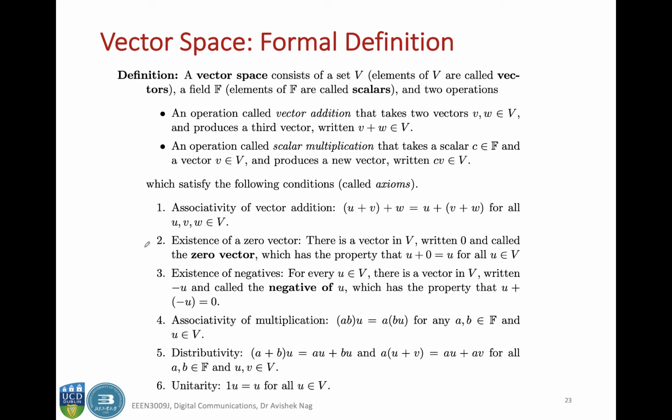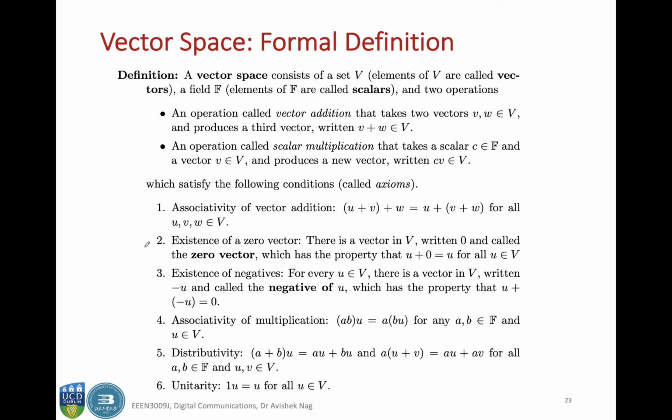First, vector addition, which takes two vectors V and W in capital V and produces a third vector written as V plus W, which is also a member of the set capital V. And scalar multiplication, which takes a scalar C that belongs to the field F and a vector V that belongs to the set of vectors V and produces a new vector written as CV, which is also in the set capital V.